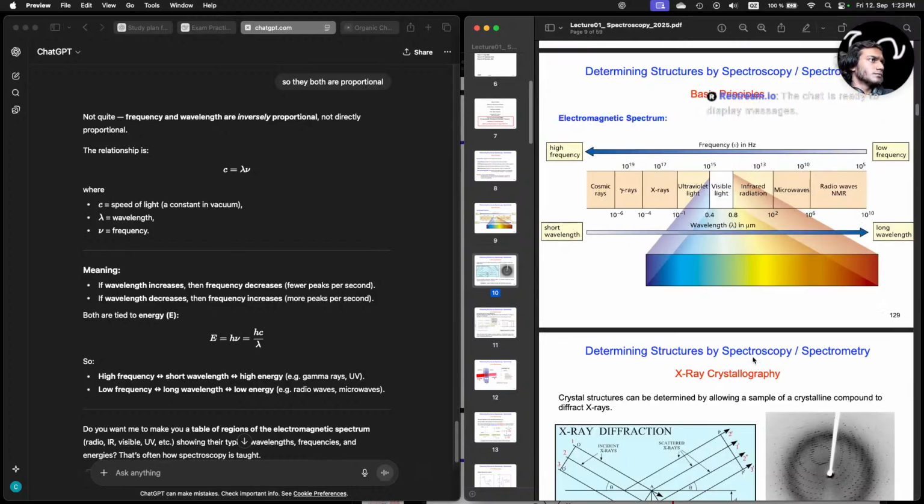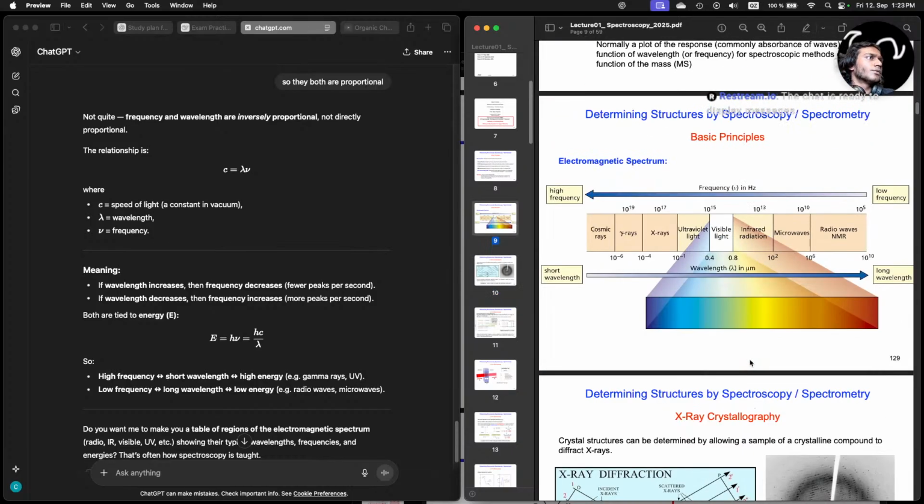So cosmic rays have short wavelength, high frequency. Radio waves have long wavelength, low frequency. Microwaves, visible light.